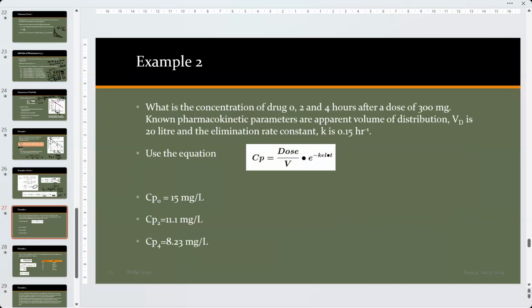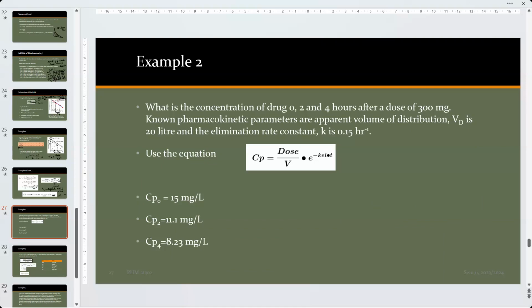Example 2: what is the concentration of the drug at 0, 2, and 4 hours after a dose of 300 milligrams? Known pharmacokinetic parameters are: volume of distribution is 20 liter, and the elimination rate constant K is 0.15 hour to the power -1.